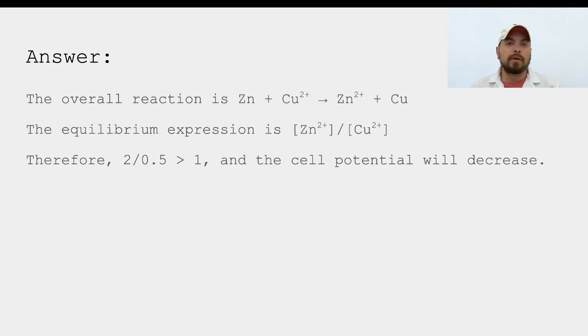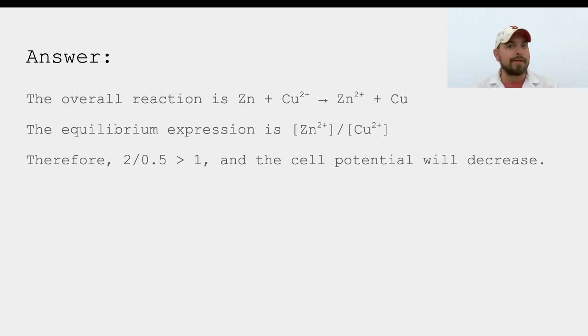Now, one thing to be aware of with the Nernst equation and Q values here is that it is actually dependent on stoichiometry. In this case, we have a 1-to-1 ratio, so it doesn't matter if we had concentrations of 2 over 2 or 4 over 4 because the Q wouldn't change.